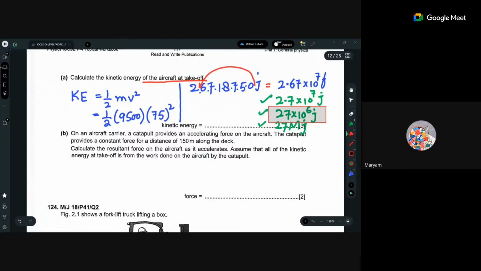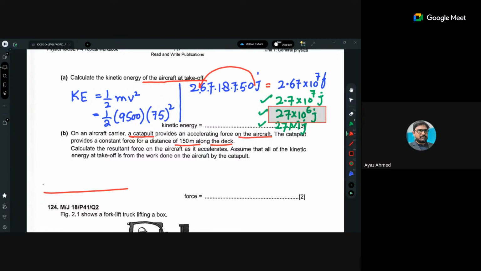Okay, then the last question. On the aircraft carrier, a catapult provides an accelerating force on the aircraft. The catapult provides a constant force over a distance of 150 meters along the deck. So the aircraft travels 150 meters on the deck.